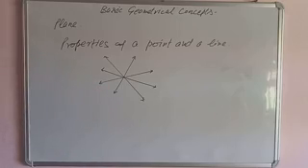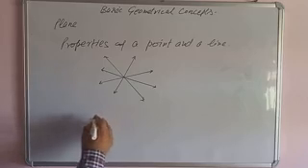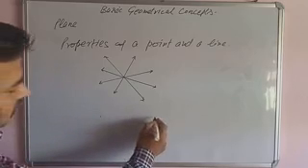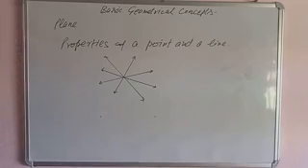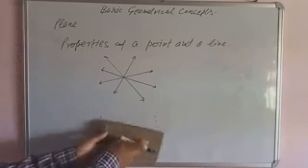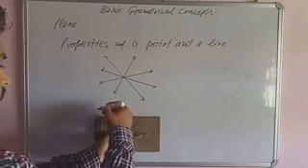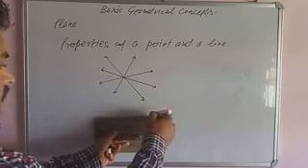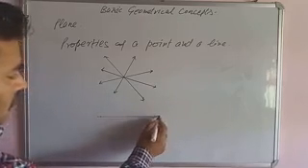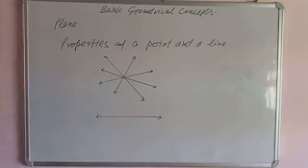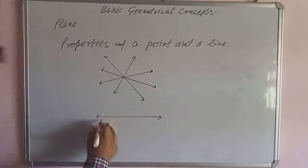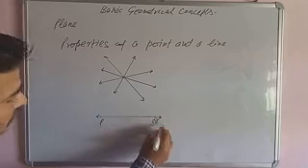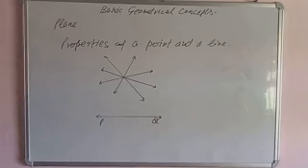And next, if we have 2 points, then how many lines can be drawn passing through these 2 points? Suppose we have these 2 points P and Q. So how many lines can be drawn passing through these 2 points?